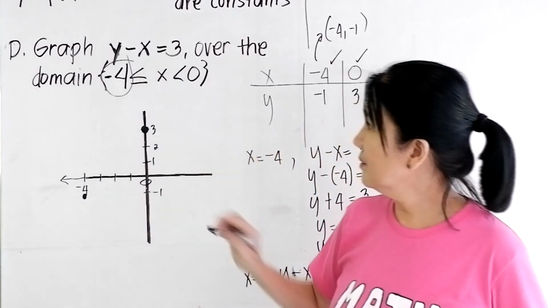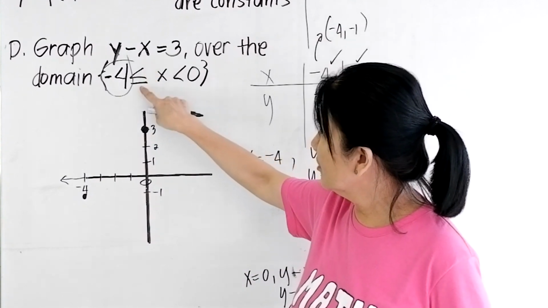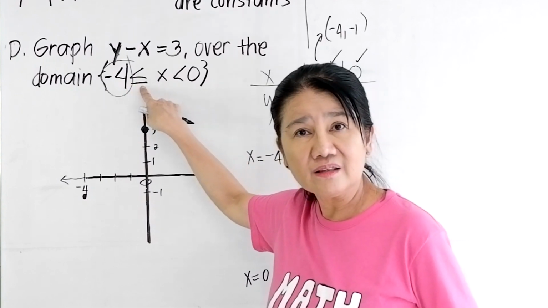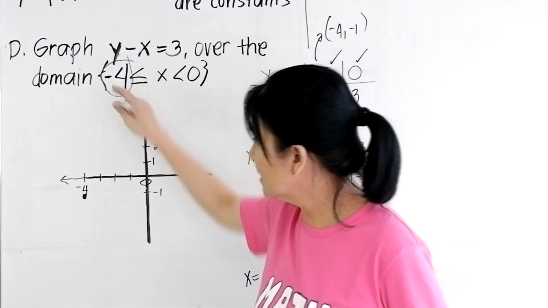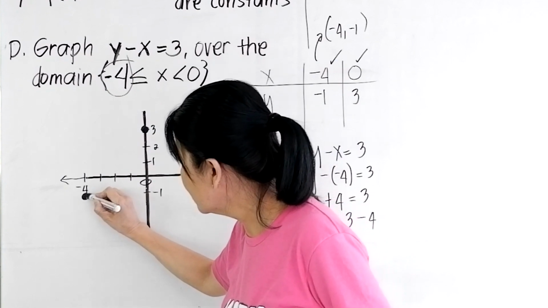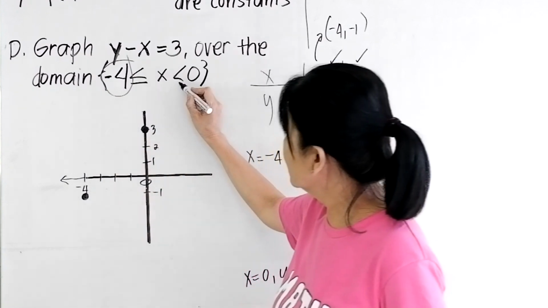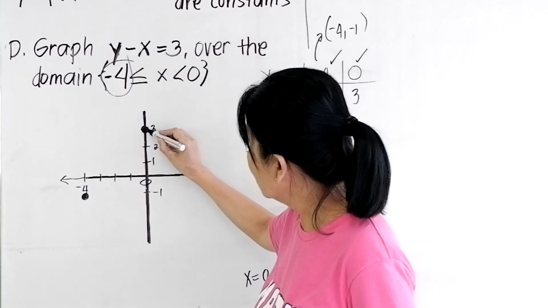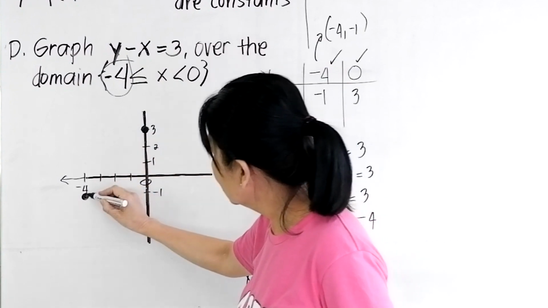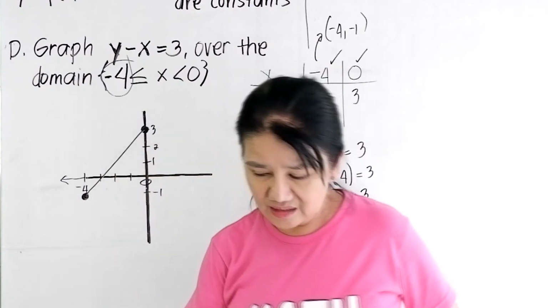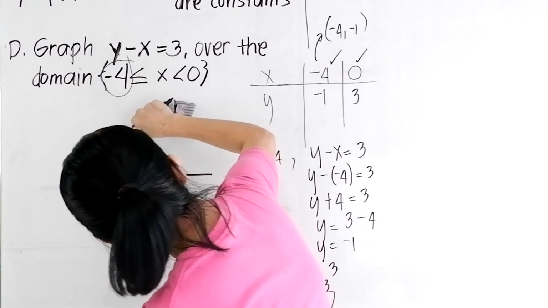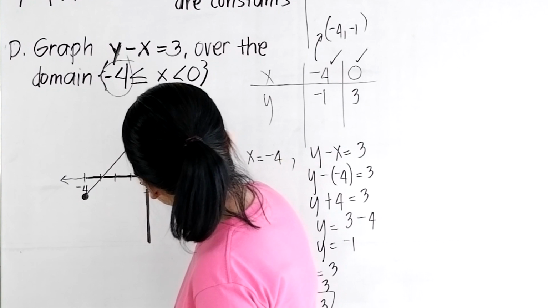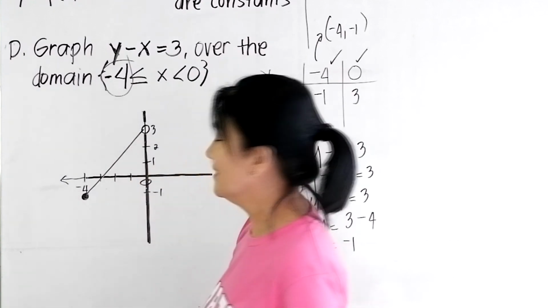Now, take note. Greater than or equal to -4. There is an equal sign here. Therefore, -4 is included. So you shade this. But here, this is less than 0. So you leave this unshaded. Connect this and then erase. Let's erase this instead of being shaded. This must be unshaded.